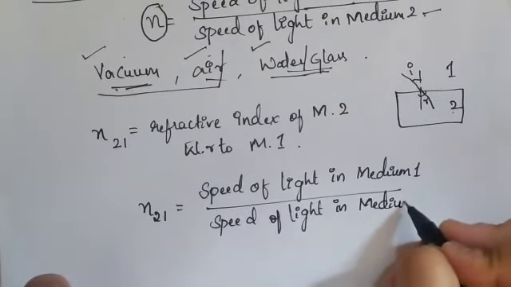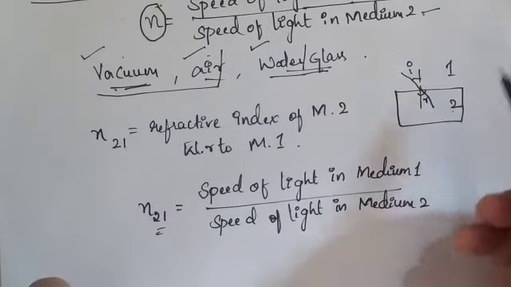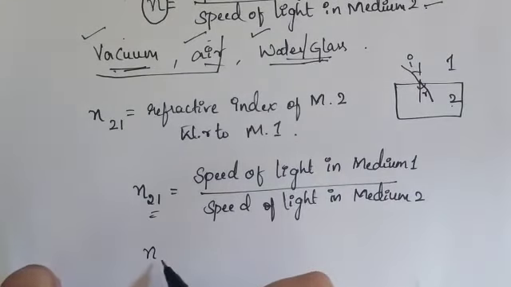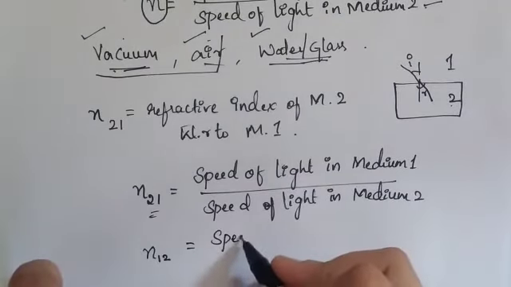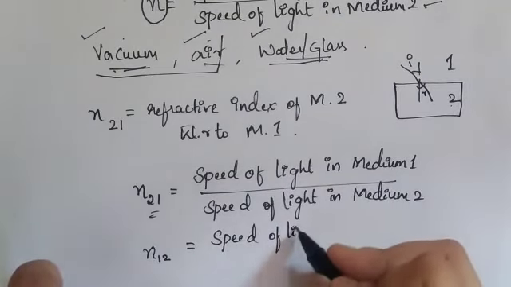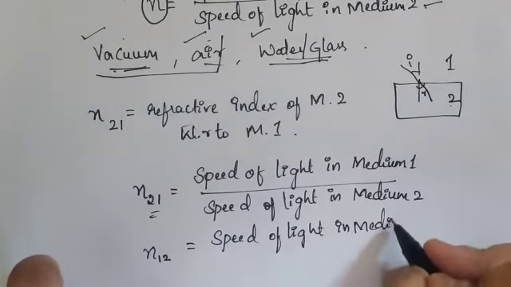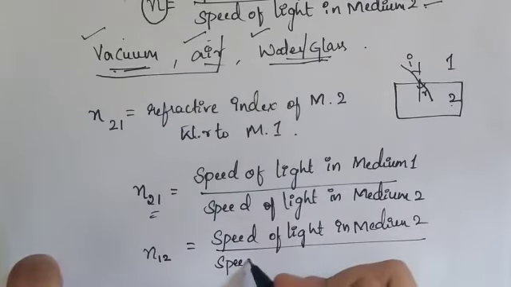This is the refractive index of medium 2 with respect to medium 1. Now the refractive index of medium 1 with respect to medium 2 is the reverse: speed of light in medium 2 divided by speed of light in medium 1.